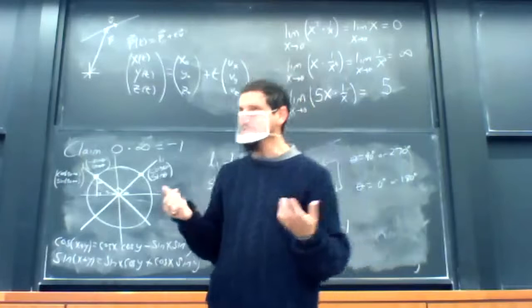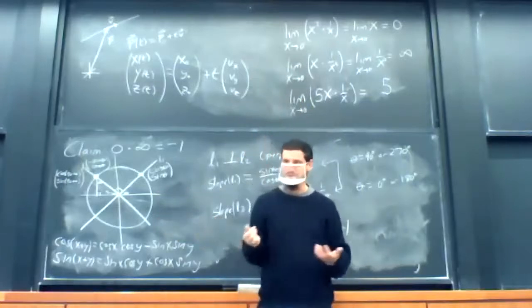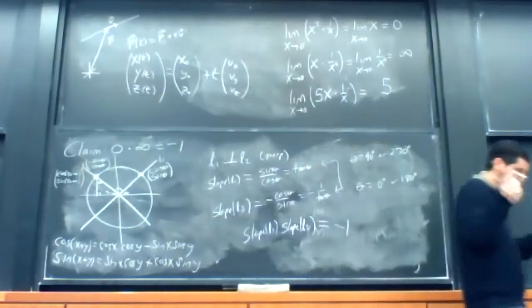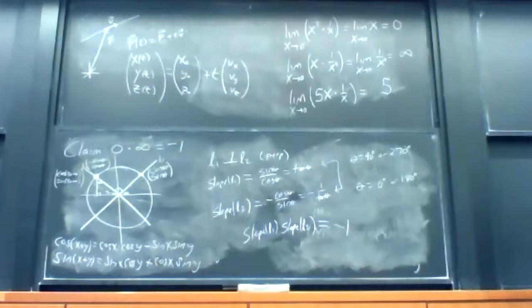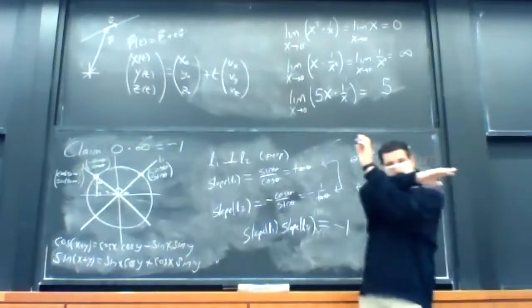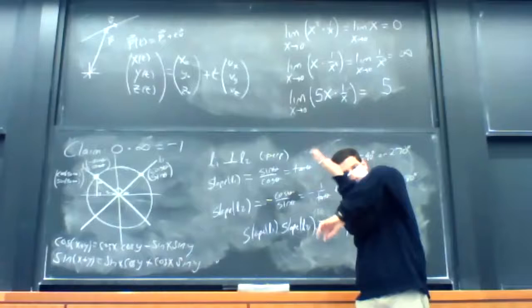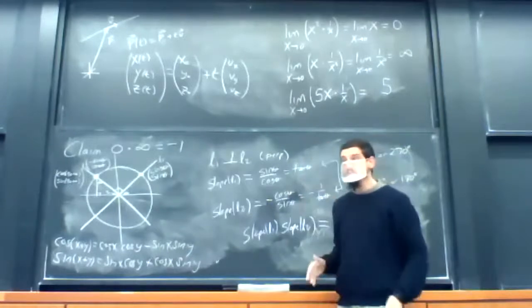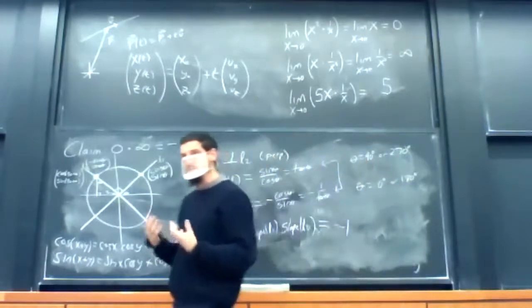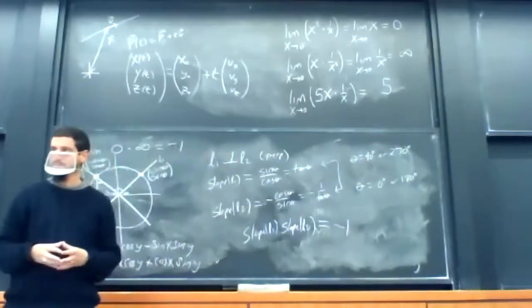So in that case, how would you define for this problem 0 times infinity? I would define it as negative 1 for this problem. The product of the slopes is always negative 1 until I get to here, it's undefined, and it's defined again to be negative 1. It seems reasonable to extrapolate it to be negative 1 every time.